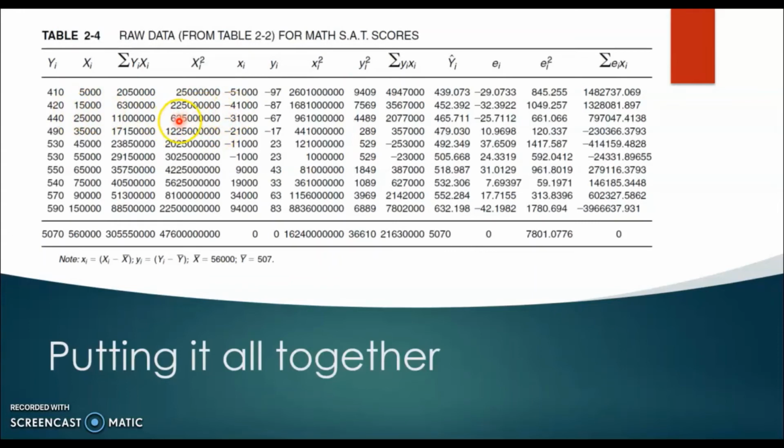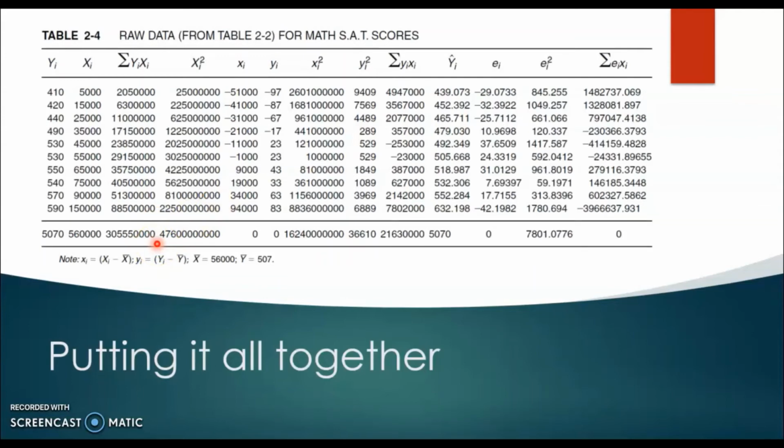We repeat the same process for observation number 3, observation number 4, down to observation number 10. Of course, even though I say down, it refers to the later observations until the last observation. And here we have the sum of the squared values of the independent variable.